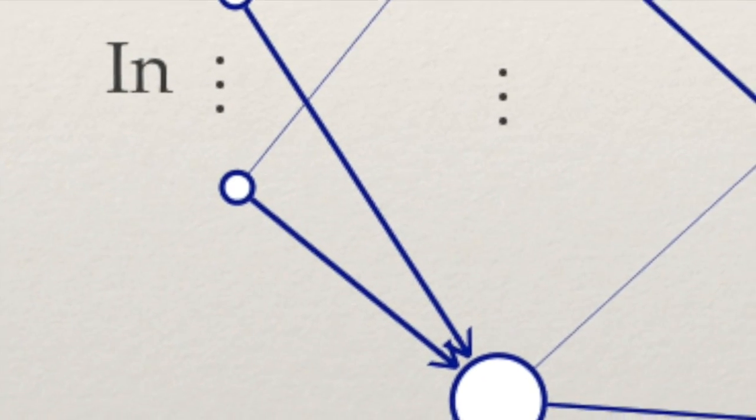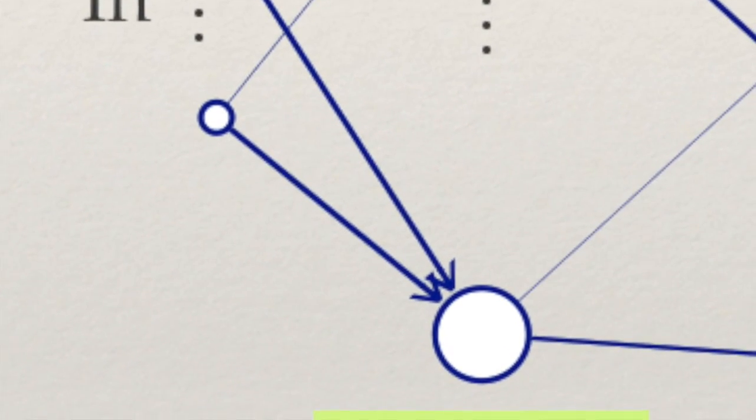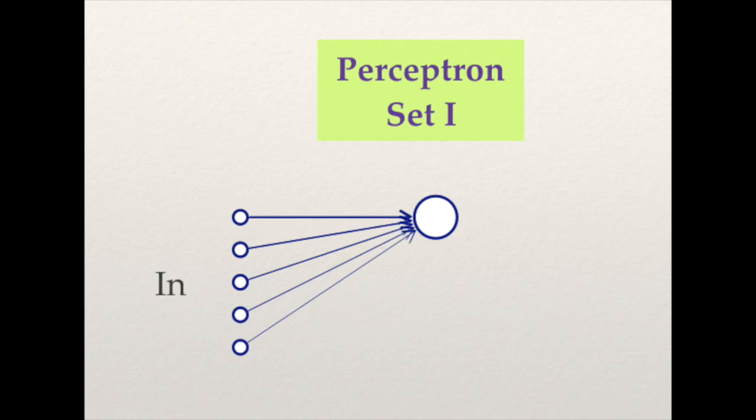For example, if you have 5 attributes per data sample, and let us say we have 2 perceptrons, so each perceptron needs 5 weights to be associated with the 5 attributes of the data, and the 2 perceptrons totally need 5 times 2 weights.